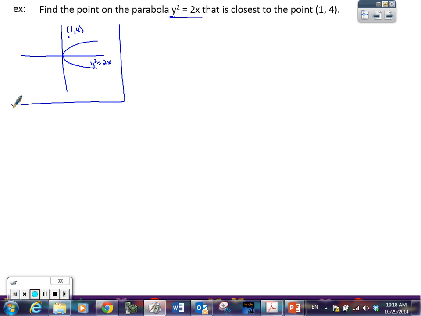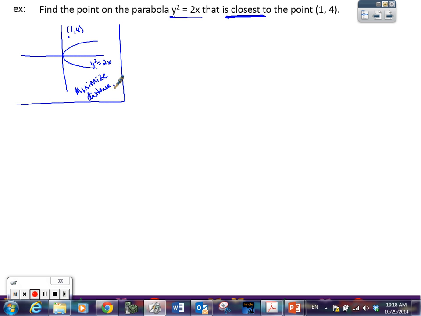Step 4 asks us to come up with an equation that will take care of this. We want the closest. What does that mean? We want to minimize. What is it that we're trying to minimize? The distance. We want to minimize distance. And so what we've got to do is come up with, how do we do that?